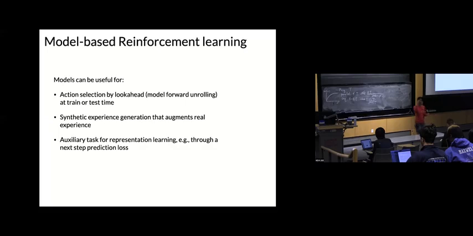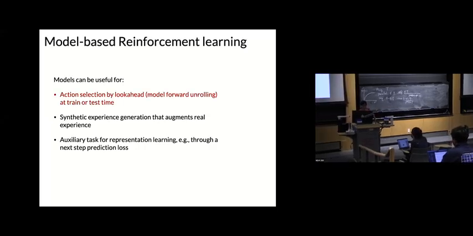You form a prediction, you think, oh, I think this is going to happen. You see what actually happens, you compute the error, you backpropagate to your parameters. Next time you predict better. So basically, we're going to use next-step prediction for representation learning, and this is terribly important because the better your representations, the better the policy you're going to learn. But you don't need to worry about this right now because this is going to happen in later lectures.